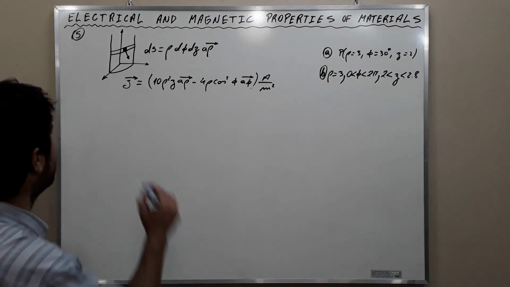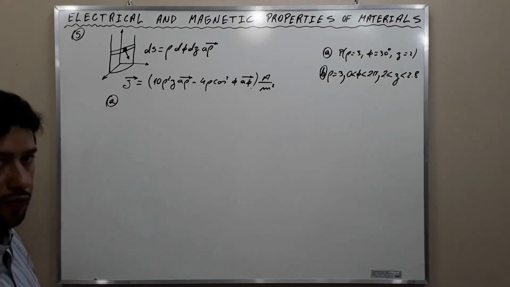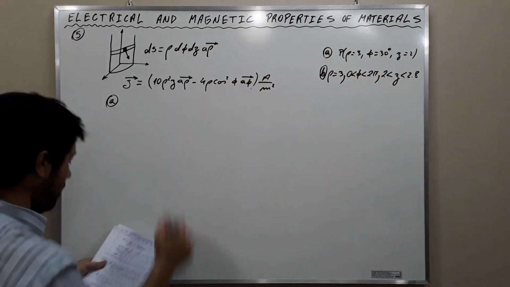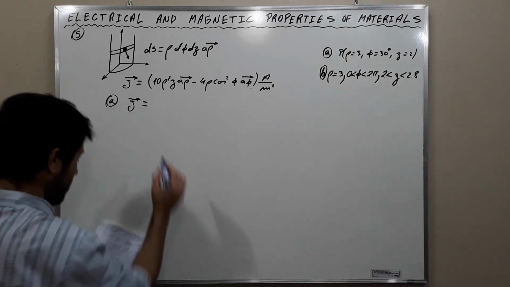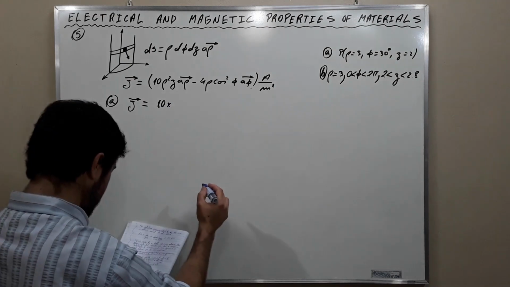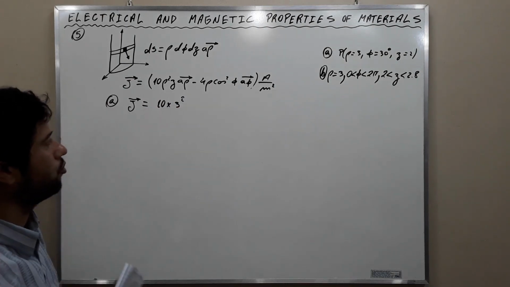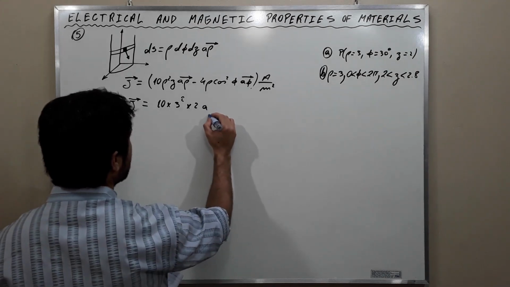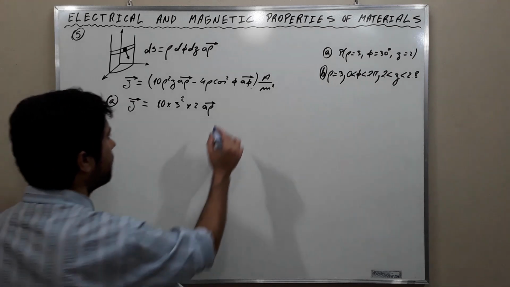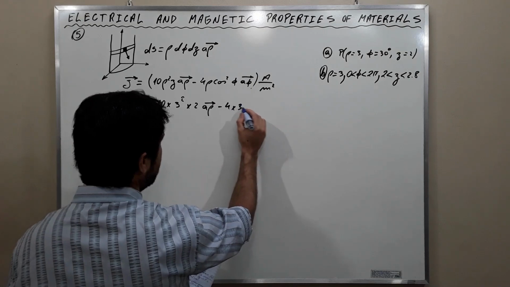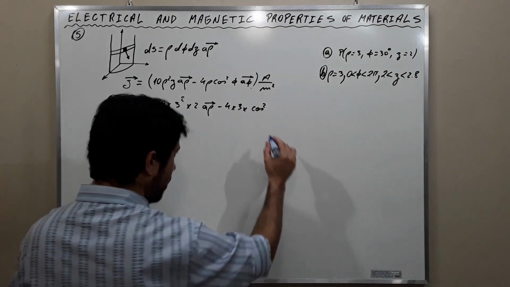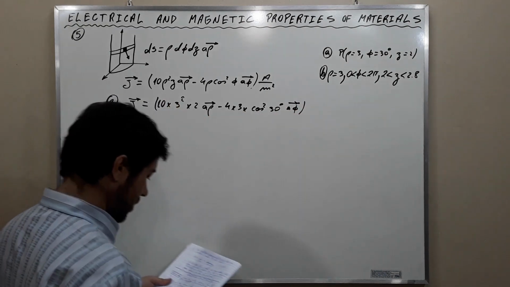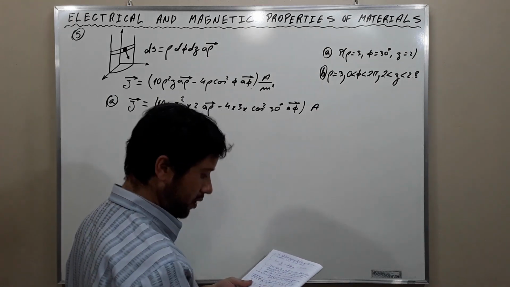Okay, this is the exercise. Let's go to the solution. For A, substituting the values here, we find that J is equal to 10 times 3 squared, because rho is 3, times 2, because z is 2, in the a rho direction, minus 4 times 3 times the cosine squared of 30 degrees in the a phi direction, amperes per square meter.